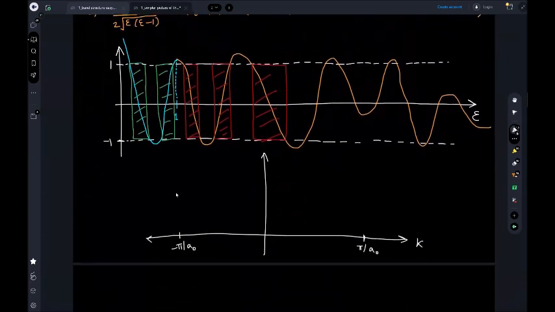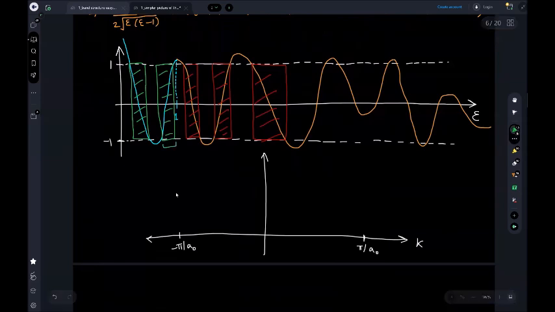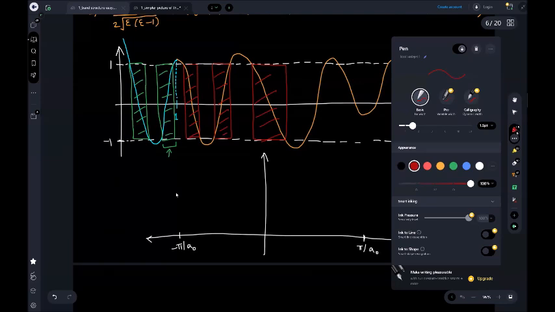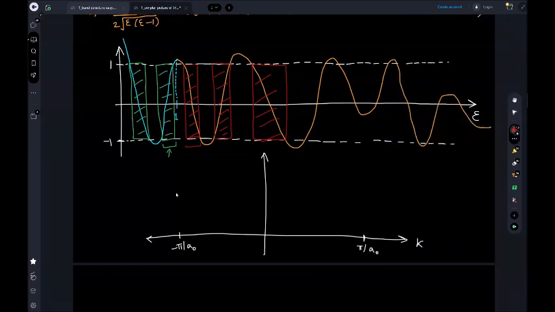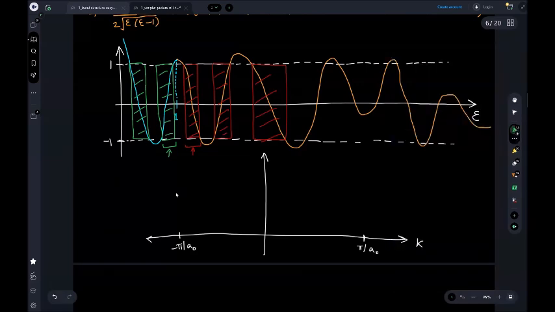So let's just consider what I'm going to do. I'm going to consider these two ranges of solution, this one and the other one, this one. So at K equals 0, which is at the center of this graph, this is K equals 0, cosine will equal 1.